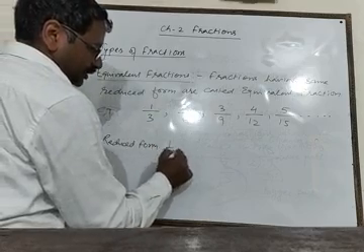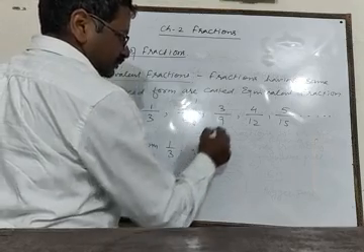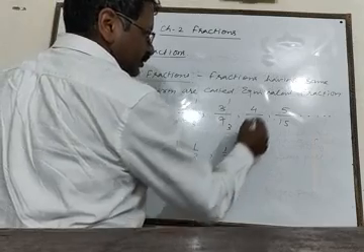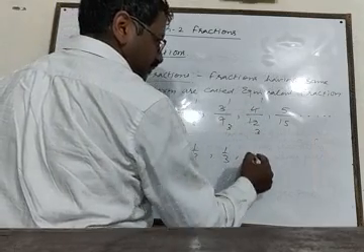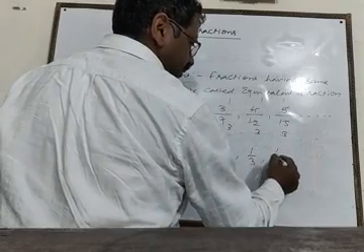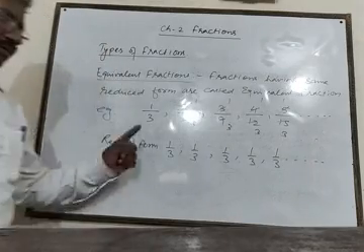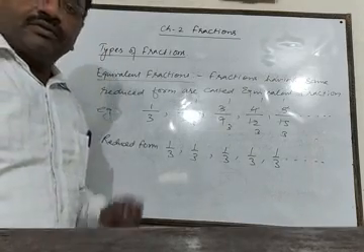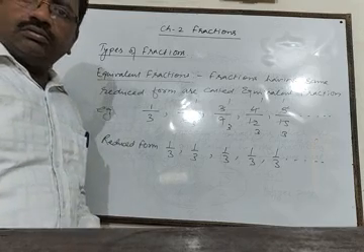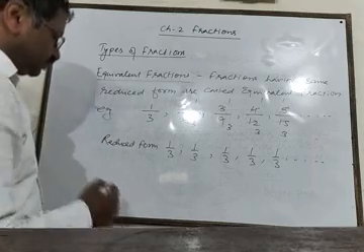This is 1/3, 2 1s are 2, 2 3s are 6, 1/3, 3 1s are 3, 3 3s are 9, 1/3, 4 1s are 4, 4 3s are 12, 1/3, 5 1s are 5, 5 3s are 15, 1/3. So every fraction is having the same reduced form. That is why it is called equivalent fractions.